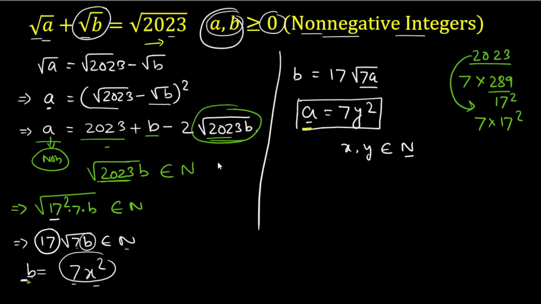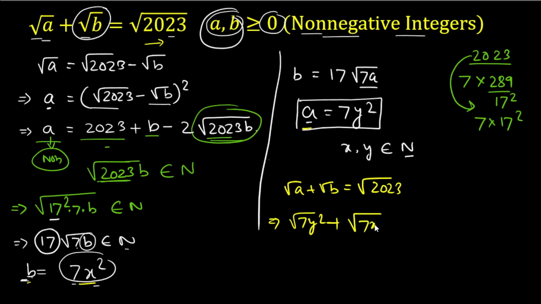Now in the next step we'll substitute the values of a and b in the first equation. It is square root a plus square root b, that is equal to square root 2023. In place of a we have 7y squared, so square root of 7y squared, plus in place of b we'll substitute square root of 7x squared. Now the value of square root 2023 we can write as square root of 7 multiplied by 17 squared.